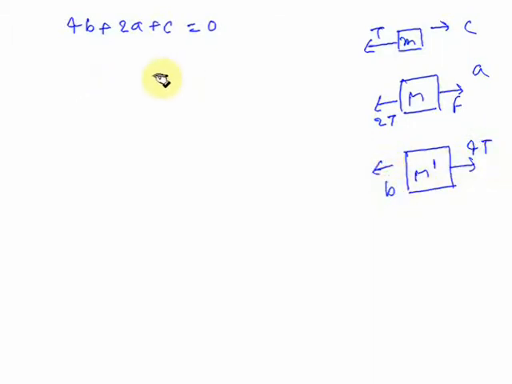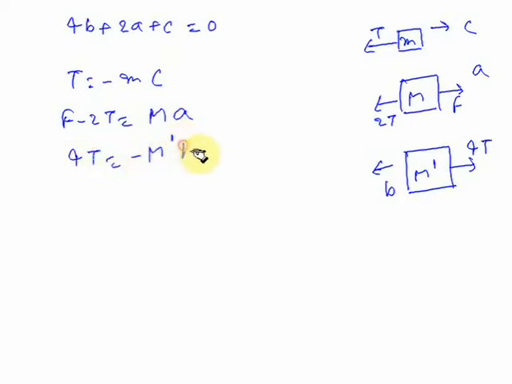So here we had the various equations of motion as T is equal to minus mc, F minus 2T is equal to Ma, and 4T is equal to minus M dash b. So these are the three equations.